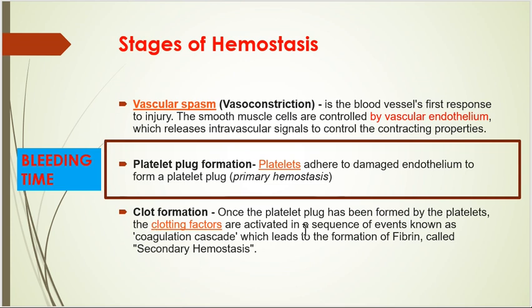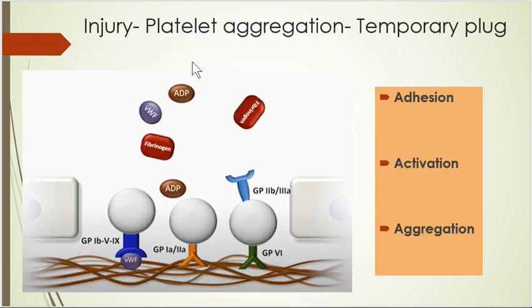Then clotting factors, which are present in blood in inactivated form, are activated, and a cascade of reactions occurs to finally form fibrin, which is the permanent plug. This is also called secondary hemostasis.